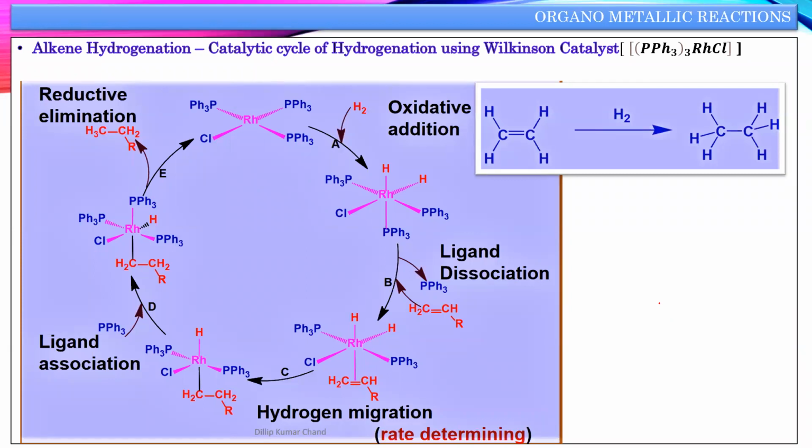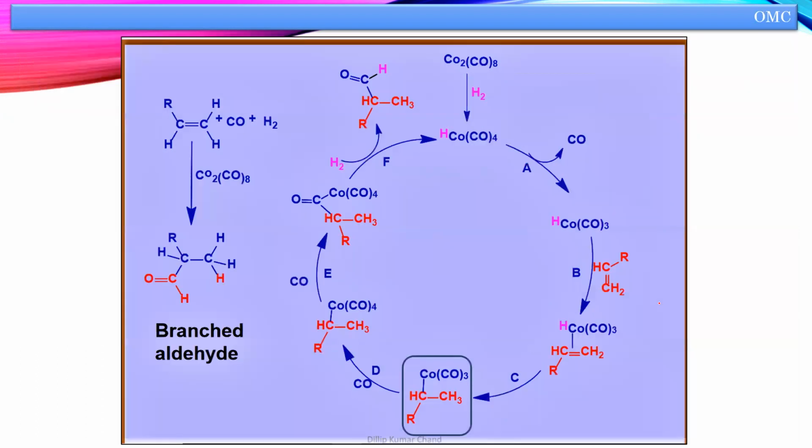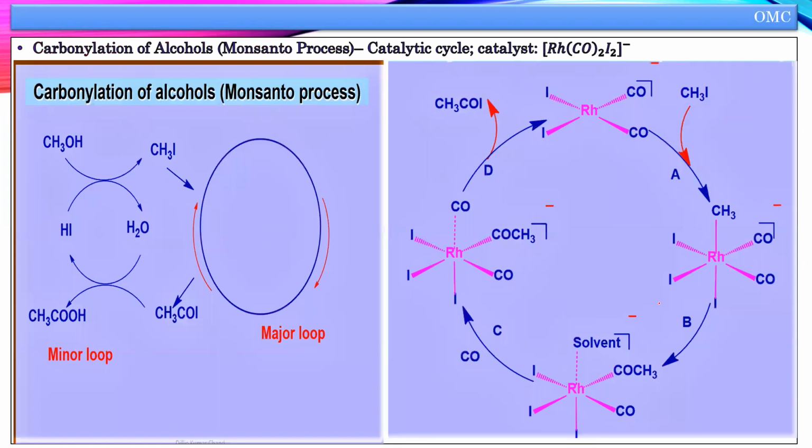And next come some of the catalytic cycle mechanisms for different reactions we have seen, like hydrogenation and hydroformylation, which is nothing but alkenes to aldehydes, secondary or linear aldehydes, both. And the next one is the Monsanto process, which is converting alcohol to carboxylic acid.